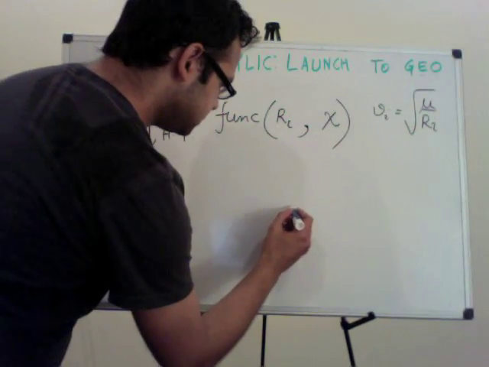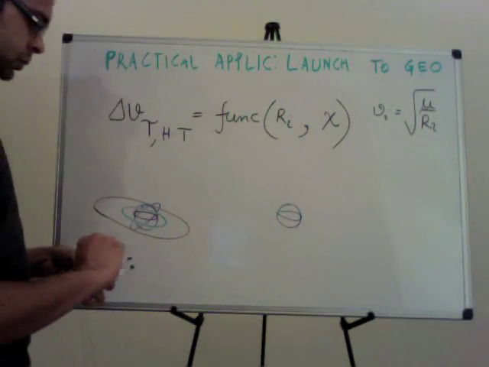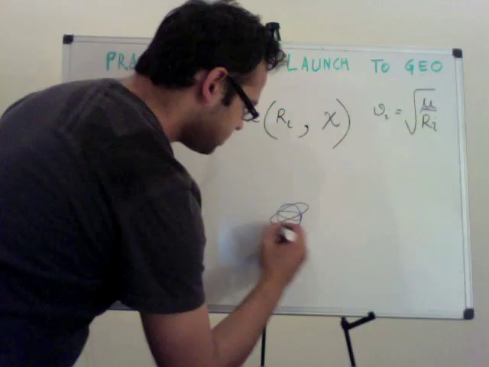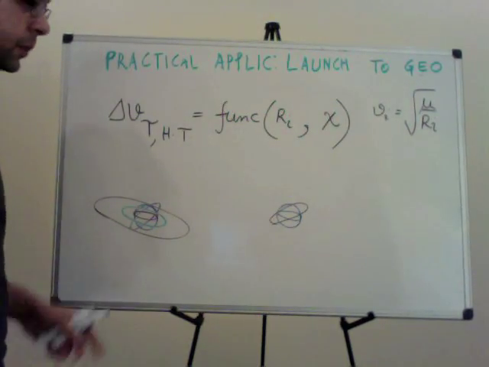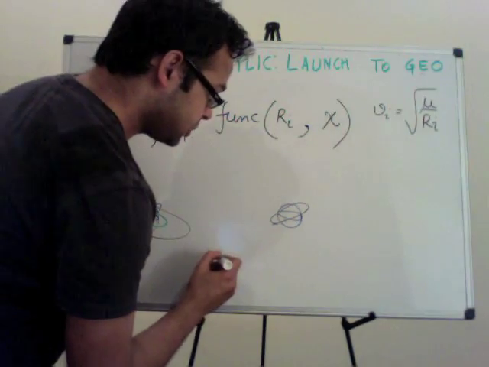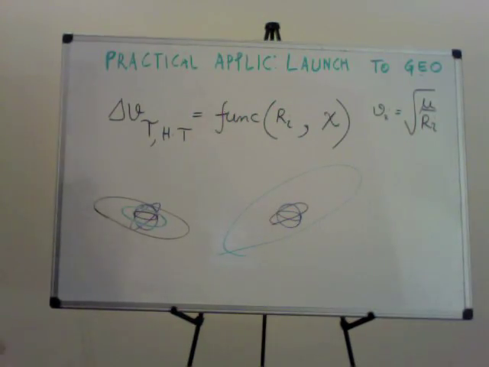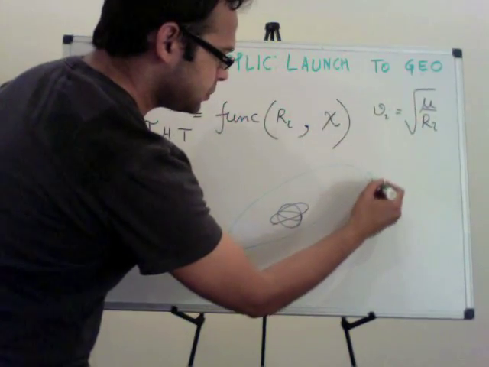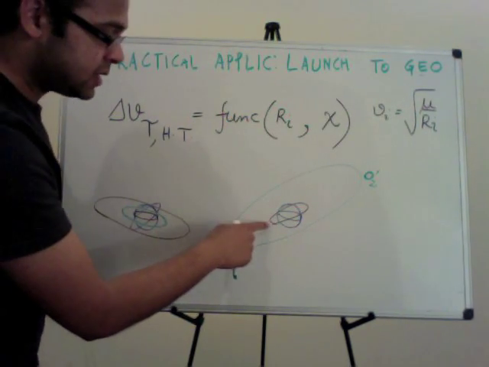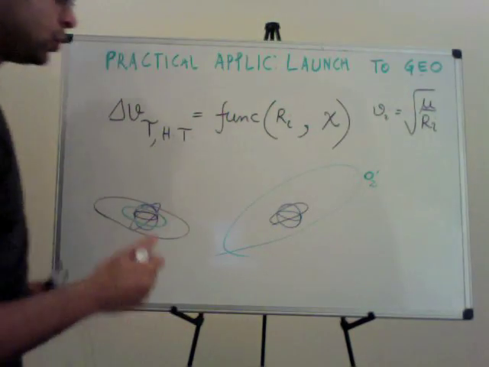Method B. Here's the Earth, equator, parking orbit. The parking orbit in both these methods is the same. Now, the intermediate orbit looks very different here. The intermediate orbit O2 prime has the same inclination as the parking orbit, but it is of the same size as GEO.